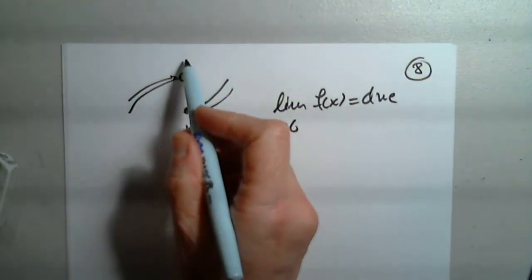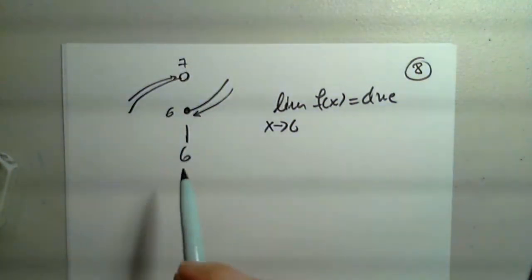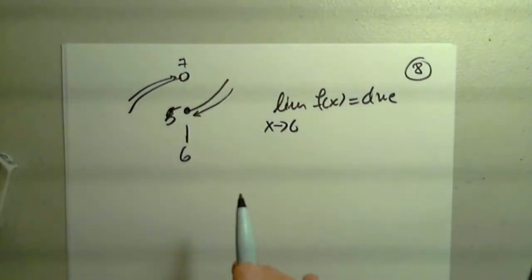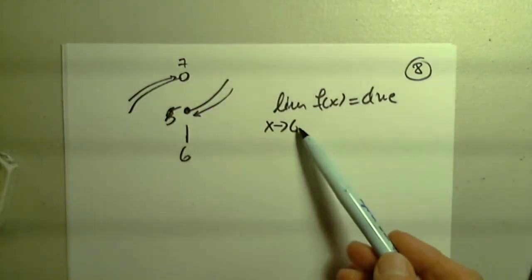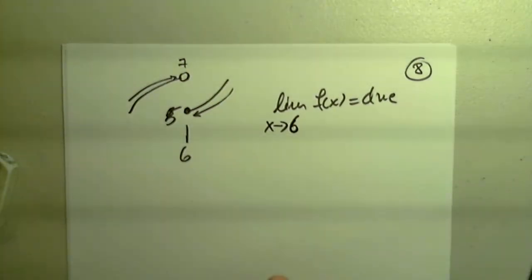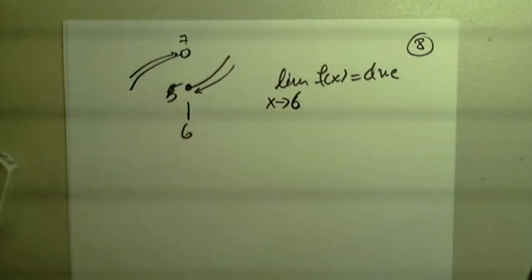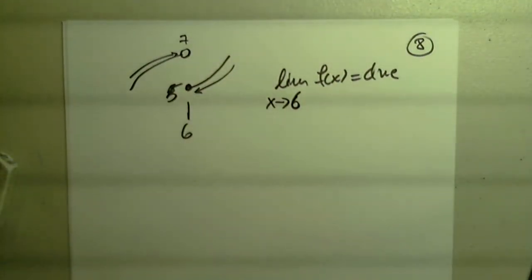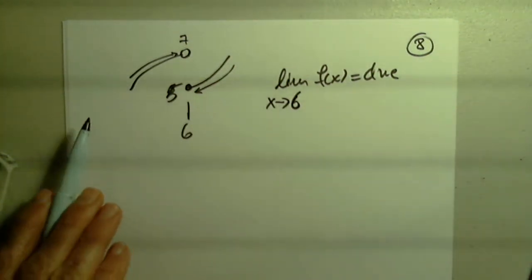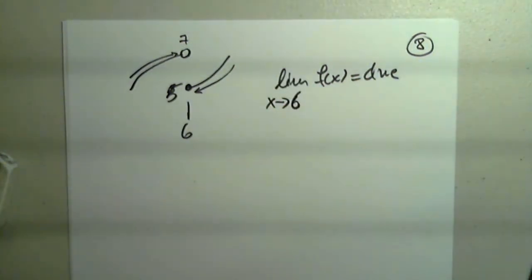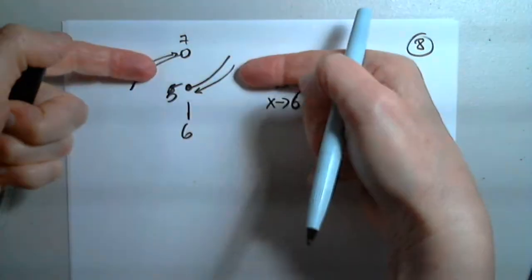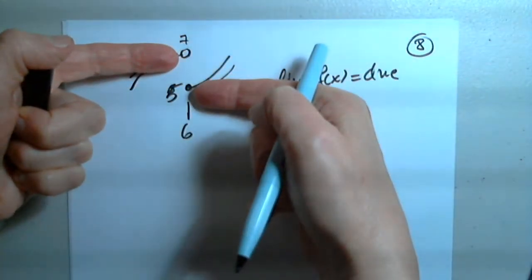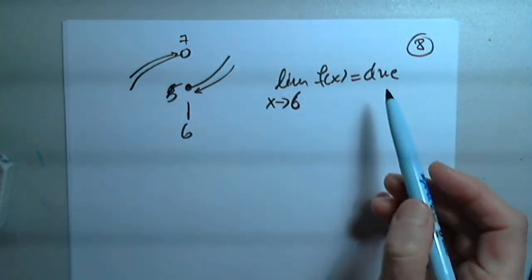So this approaches 7, this approaches 6, or let me use a different number, 5. The limit from the left is 7, the limit from the right is 5, so the limit from either side does not exist, because they're not the same number. They're not going to the same point. So it's DNE.